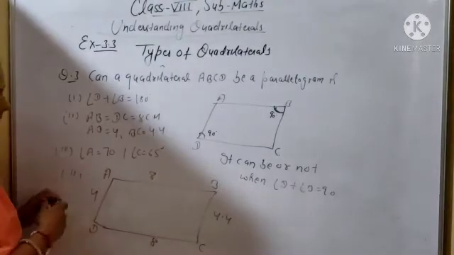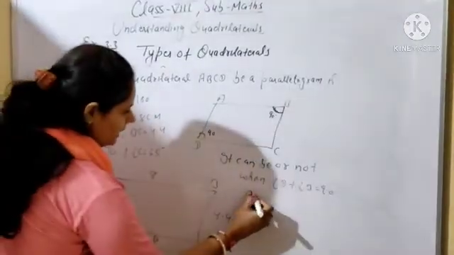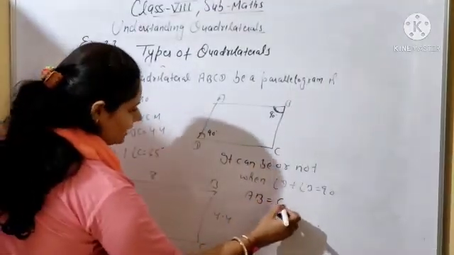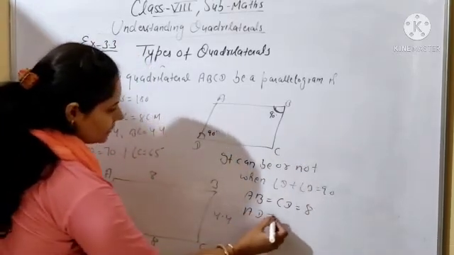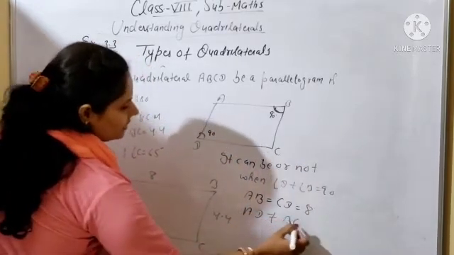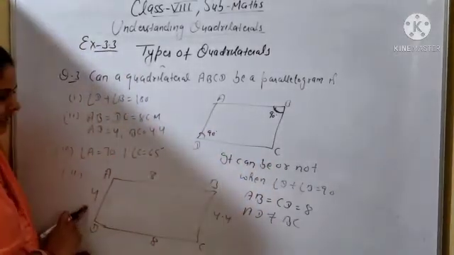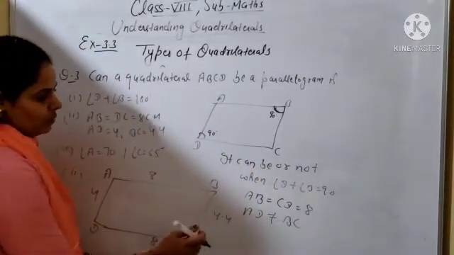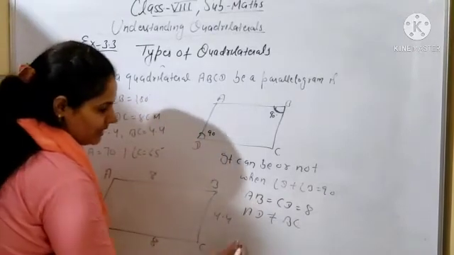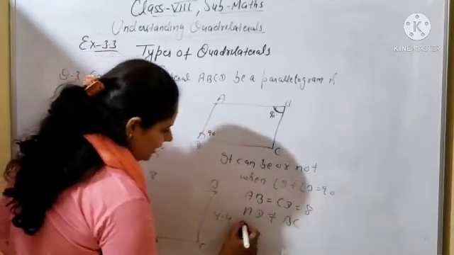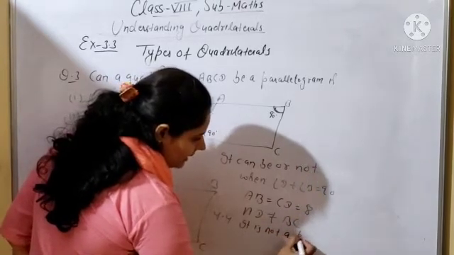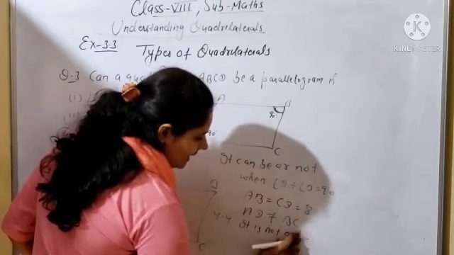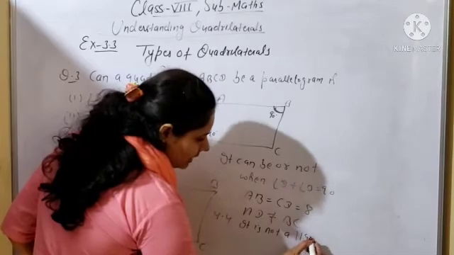But here you can see AB is equal to CD, but AD is not equal to BC, because AD is given 4 centimeters and BC is given 4.4. So AD is not equal to BC. It means you can say it is not a parallelogram. I am writing in short form, beta, parallelogram.